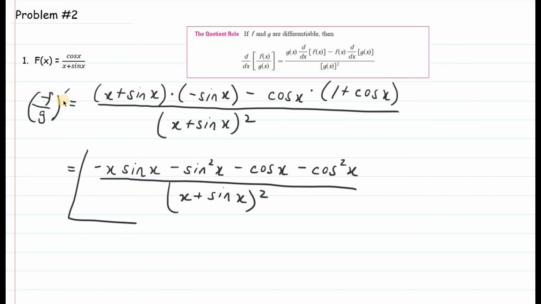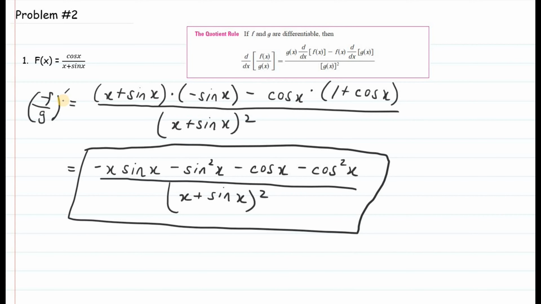So here's your solution for the second problem.